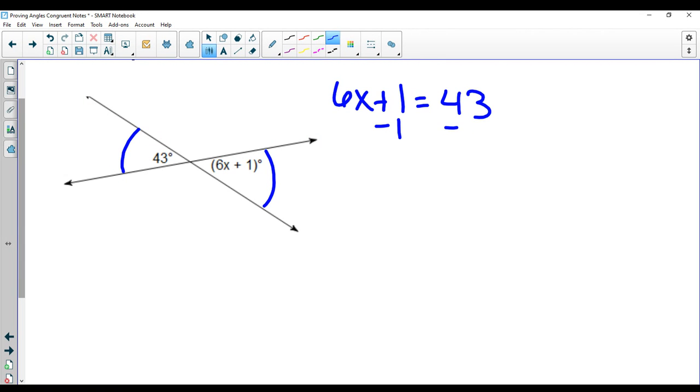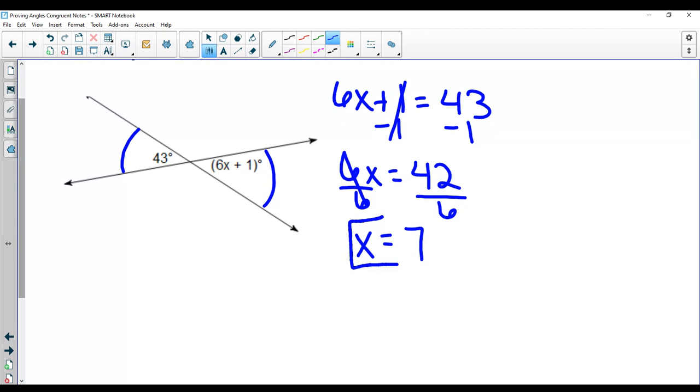We subtract 1, divide 6, x equals 7. Okay?